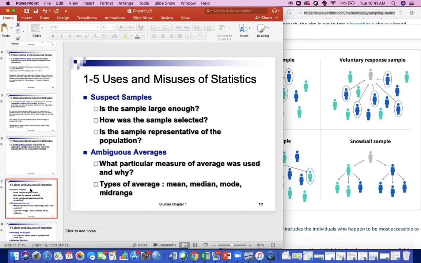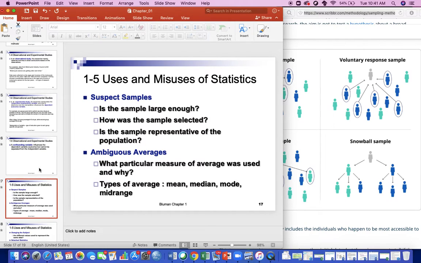I don't want to name anybody, but you can try to Google examples of uses and misuses in statistics. There are lots of people worldwide who love statistics and simply use data for their own purpose.